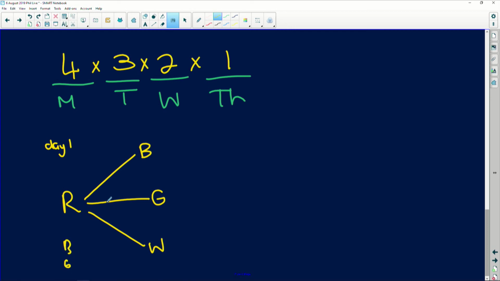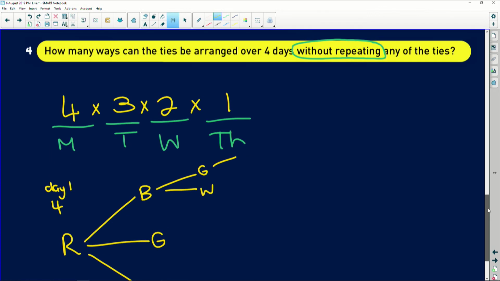This is just one example, so he has 4 options on day 1. Then from any of those 4 options, he could have chosen these 3. So he has 4 here, multiplied by another 3 options, so that's why we multiply. And then as the days go on, we're going to carry on getting to different branches, and then it's going to narrow down to 1 option. So remember, when you go along a branch on a tree diagram, you multiply. And that's why the multiply comes in.